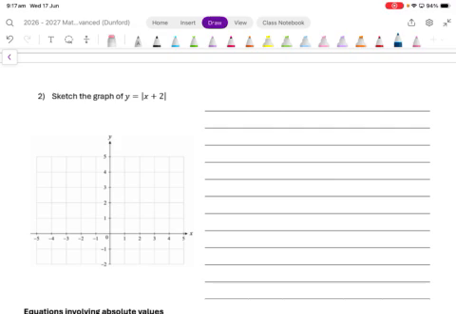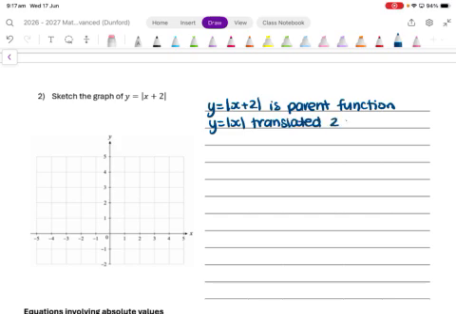So y equals the absolute value of x plus 2 has our parent function y equals the absolute value of x that has been translated 2 units left. Okay, so when we have a plus 2, it means it's being translated 2 units to the left.